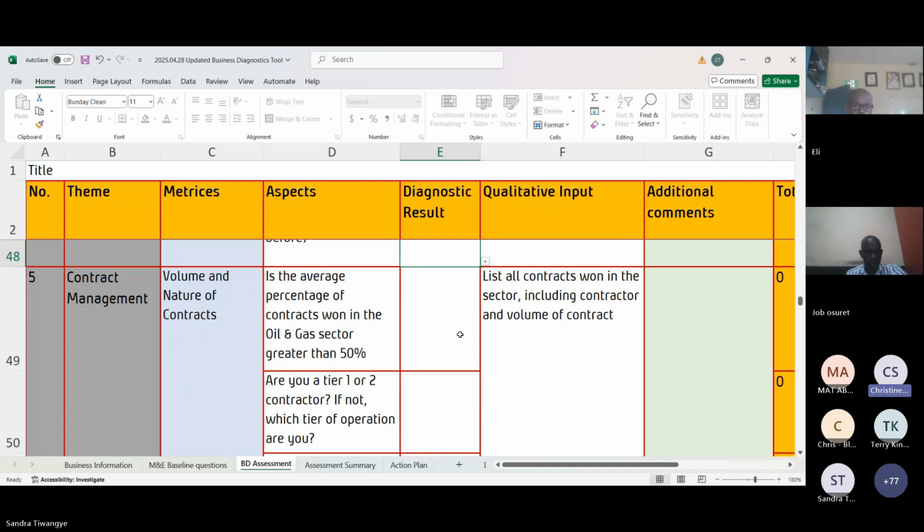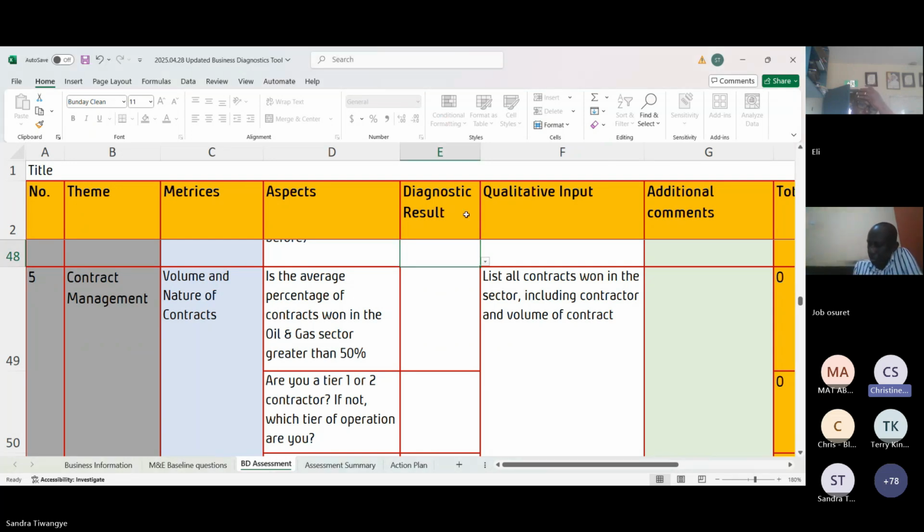No, it means that since the contract management process in oil and gas is a bit specific, we know managing a contract is standard, but oil and gas has additional requirements, additional considerations that we wouldn't want you to miss out on. So when you click no, we shall take note and make sure as we are assessing your diagnostic result and proposing an action plan, we take into consideration the fact that you're new to the sector.